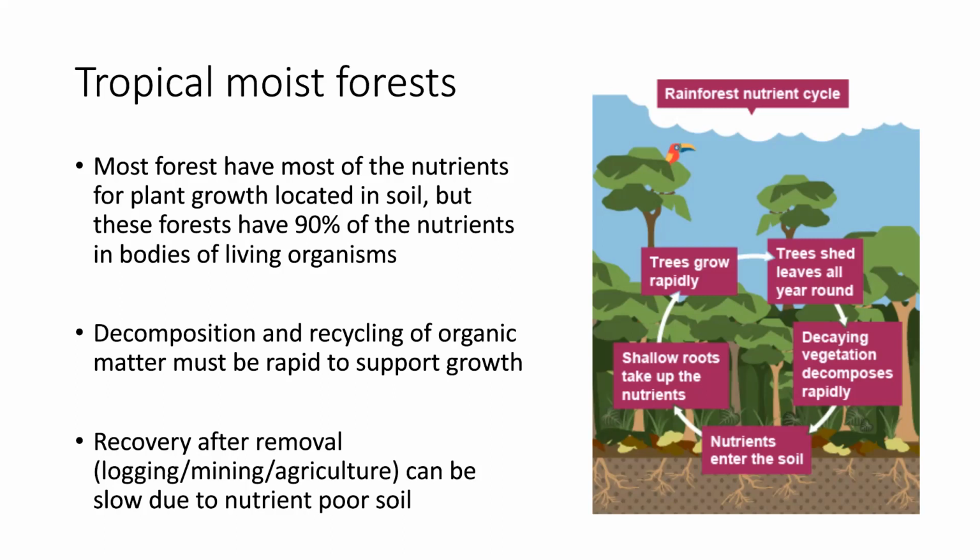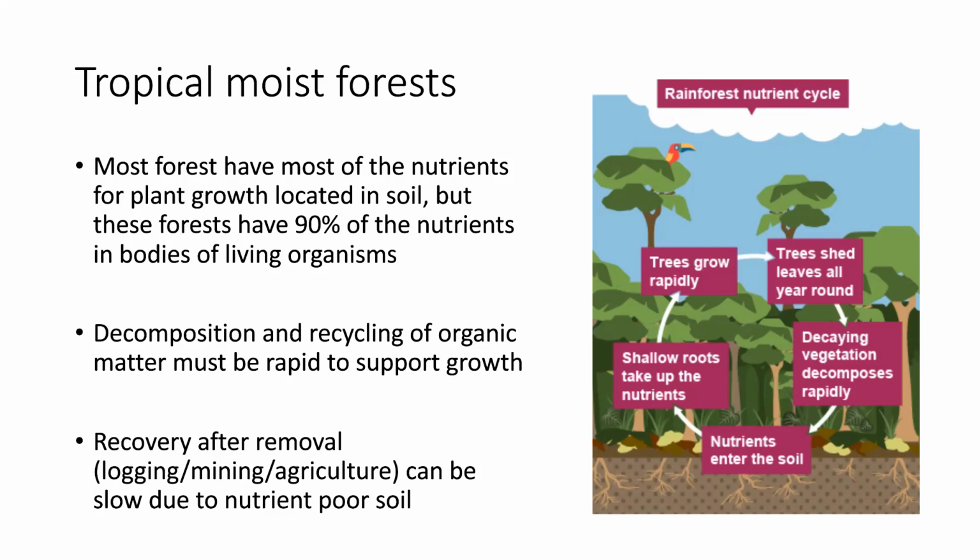So in order for new plants and new organisms to grow, whenever something dies, it's going to fall to the bottom of the rainforest and immediately start getting decomposed, and the decomposition happens extremely quickly, just so that the nutrients can be recycled back into the plants and get back into the system.